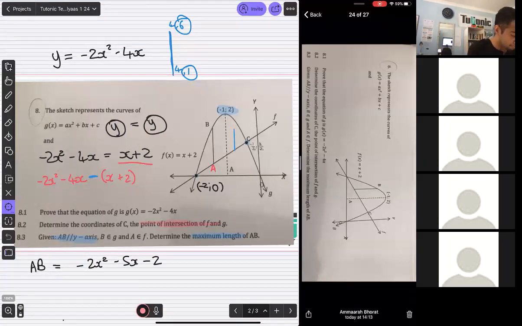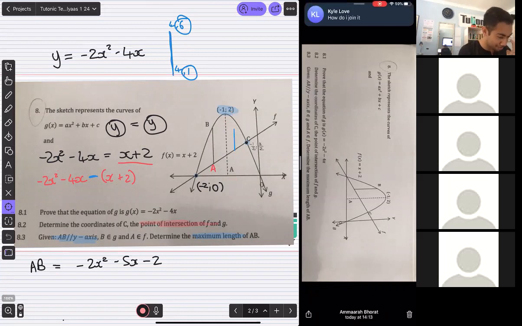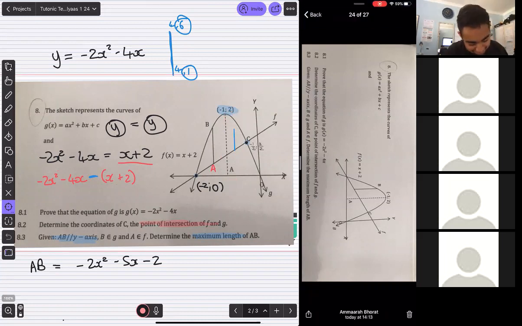Yeah, so the maximum length would be. Yeah, but Rivka, you're assuming that the turning point is the maximum distance. The turning point is the maximum distance from the parabola to the x-axis. We want to know what is the maximum distance between the parabola and the straight line.